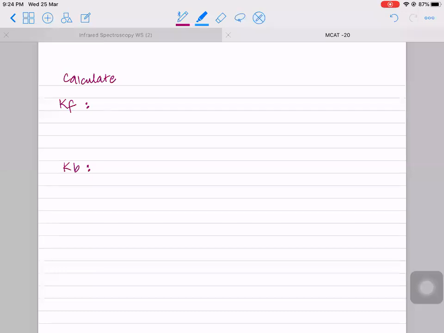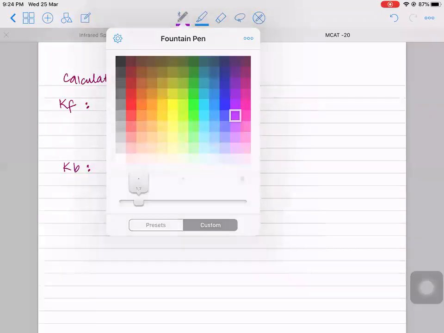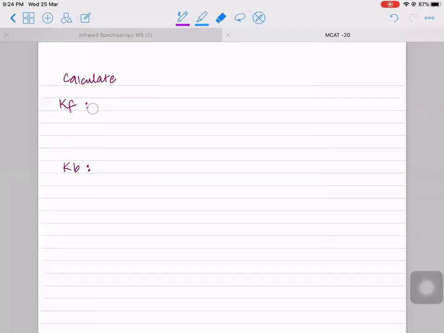To find Kf, the formula is Kf equals R, where R is the gas constant, times M1, the molar mass of the solvent, times Tf squared, the freezing point temperature of the solvent, upon 1000 times the enthalpy change of fusion of the solvent.